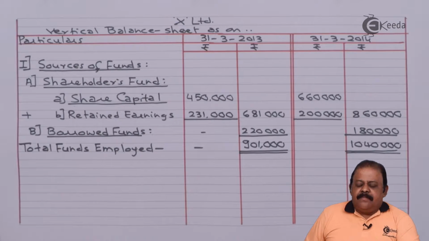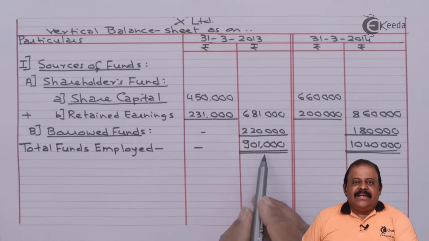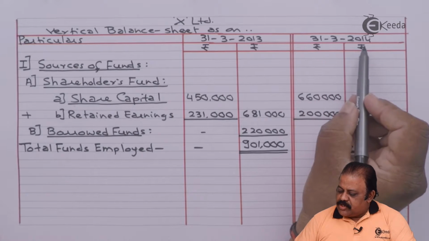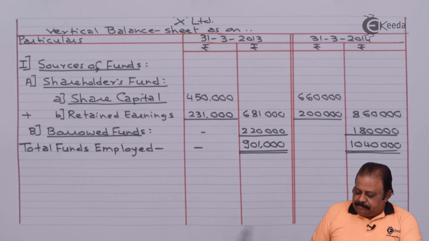So total funds employed as on 31st March 2013 is 9,01,000, and as on 31st March 2014, 10,40,000. We have completed the first part of the balance sheet. Now the next part is application of funds.